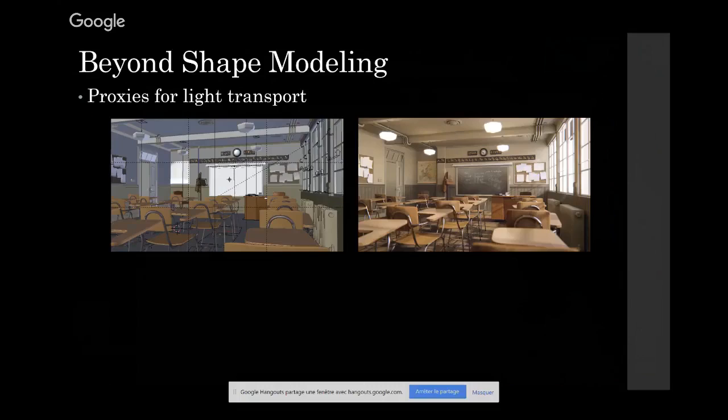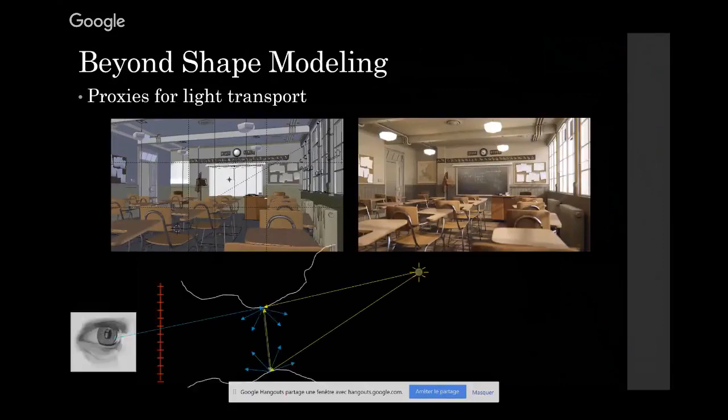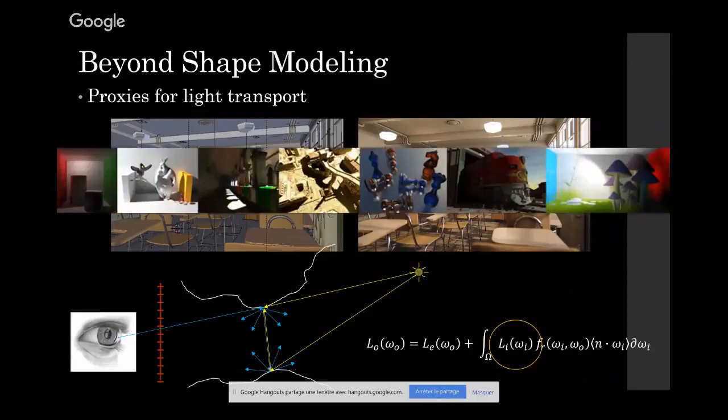Now, beyond shape modeling, so this talk was mostly about 3D modeling applications, but you can also find interest in proxies for light transport. If you look at the rendering equation, there are some elements which are currently very often approximated with proxies.